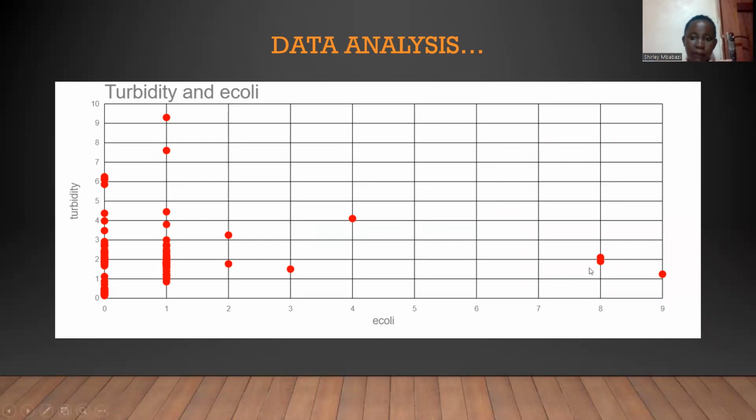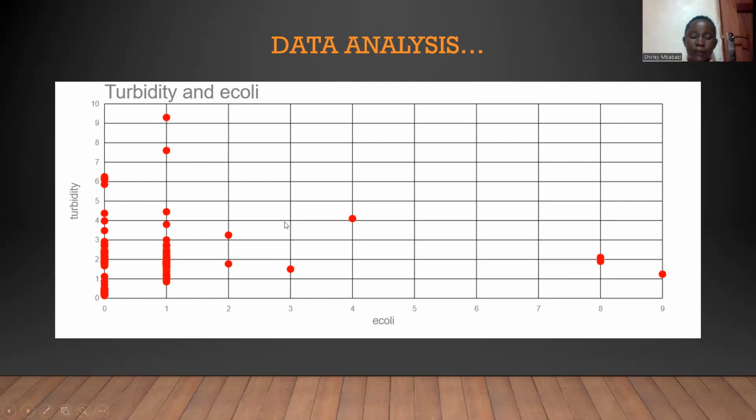From this, we can see we have outliers here, where quality is high and turbidity is low, more on the edge. So it's around 2. So this water is okay, and this is general. It is data that was collected generally, for all districts.